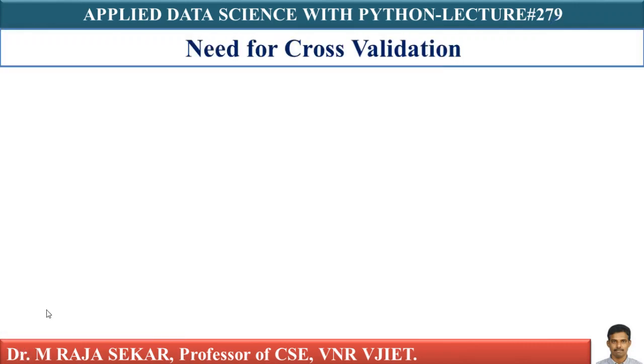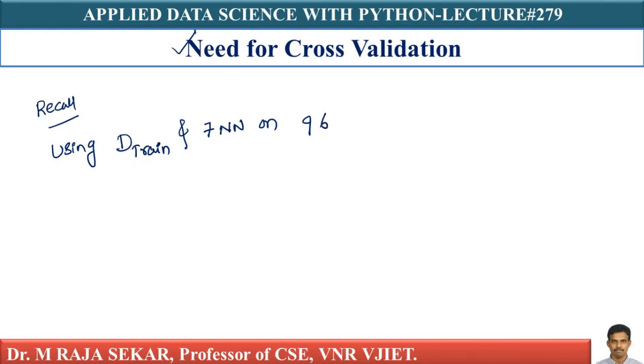In this lecture, we will try to understand the need for cross validation. Just recall my previous lecture, what we were discussing: using dtrain and 7NN on the Amazon Fine Food Review dataset, I get an accuracy of 96%.